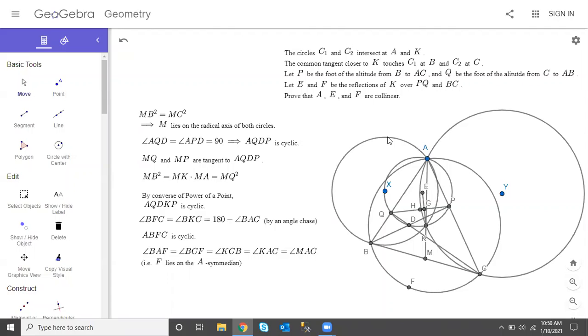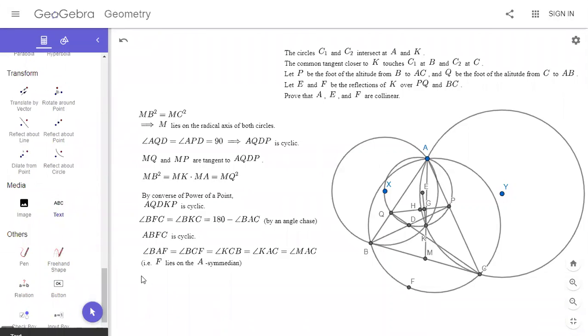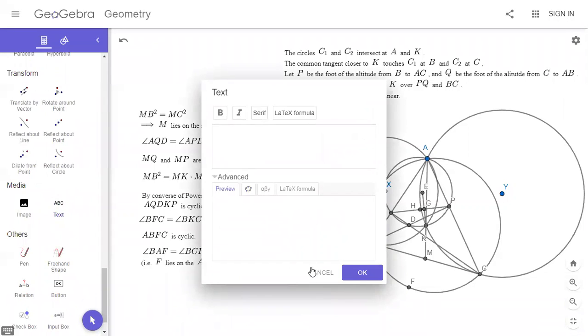So the whole figure APKQ is inversely similar to ABFC. Yeah, I'm just going to write it out like this, and then I'm going to move on to the next problem.